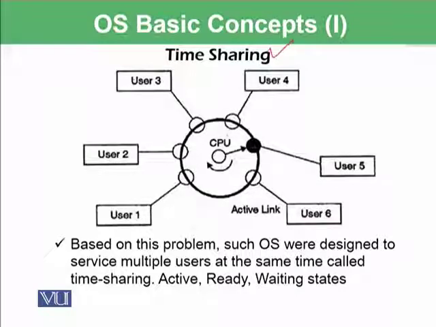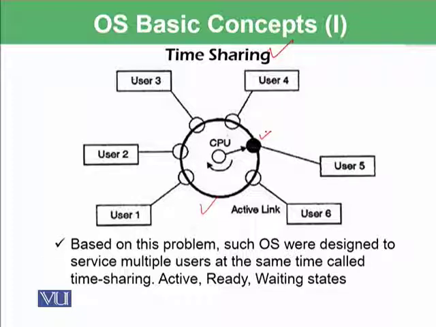The concept of time sharing is that there is a central CPU available here, and there are users, for example users 1, 2, 3, 4, 5, 6, who are accessing the same computer or the same CPU to perform their tasks. And this bold, filled one is the user being serviced at the moment.